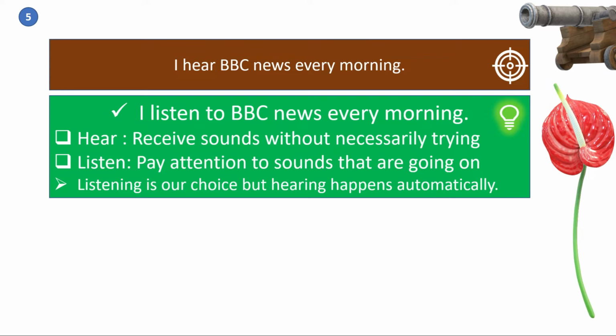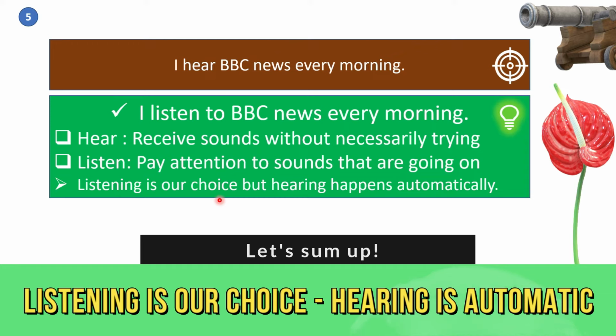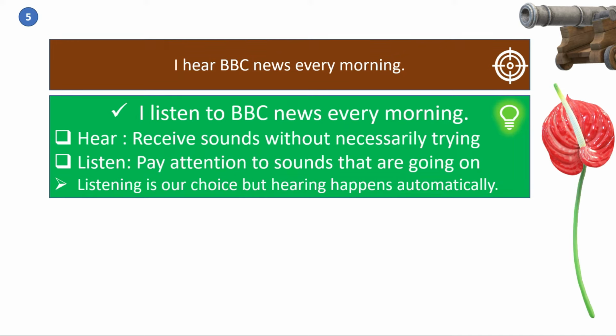So we can also conclude saying this: listening is actually our choice, but hearing happens automatically. For example, we are reading something, maybe a book, and then suddenly you hear some sound. That's hearing. But you heard some sound and then you pay close attention to such sounds. Now you want to listen to those sounds.